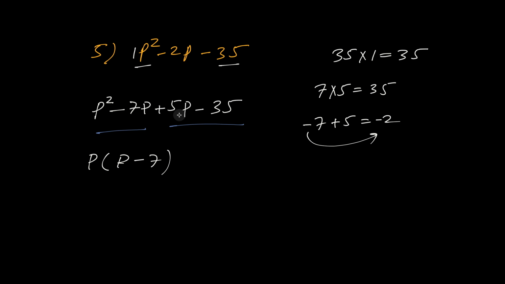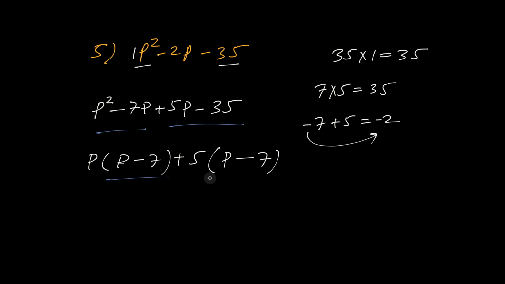Now what is common between these two numbers is 5. But is it plus 5 or minus 5? We have to keep in mind that we have to get the result in this format. So we are going to take plus 5. So plus 5 is gone, just p is remaining, which is plus p, and the minus sign as it is. 35 divided by 5 is going to be 7.